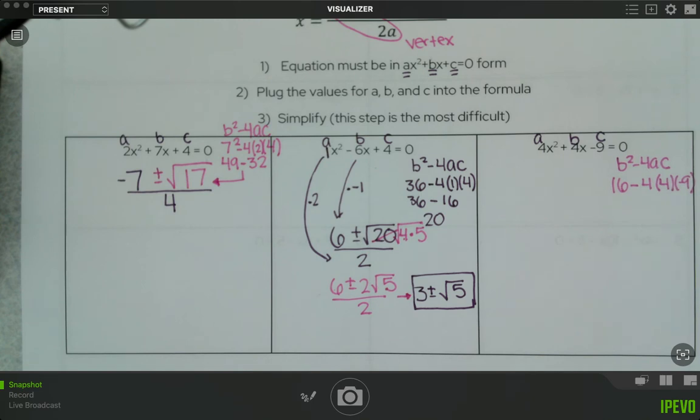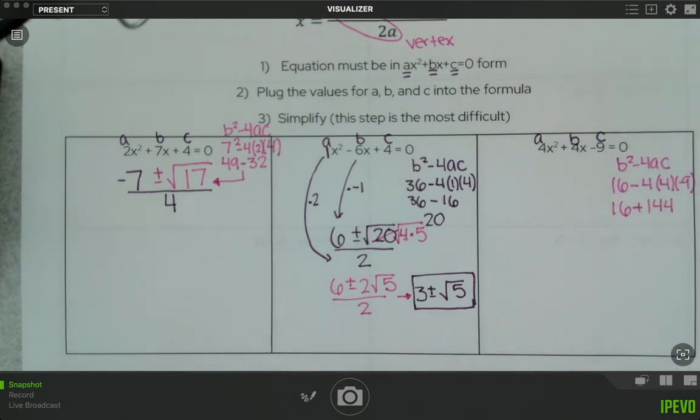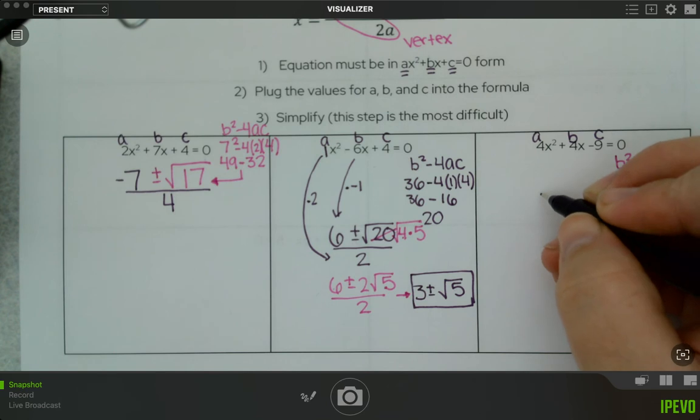And there is something kind of special that happens with this one. 4 times 4 is 16, and 16 times -9 is, let's see, -144. So when you subtract that -144, it becomes plus. And 16 plus 144 is 160. And that's what number is going to go inside of the square root.